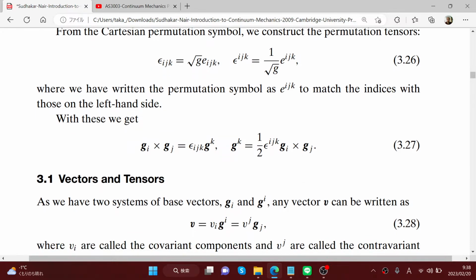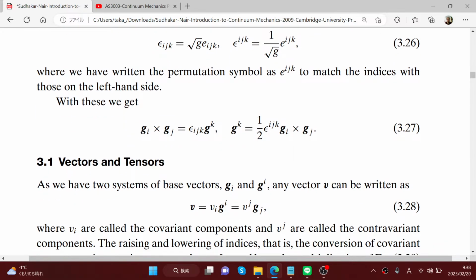Where we have written the permutation symbol as eijk to match the indices with those on the left-hand side.